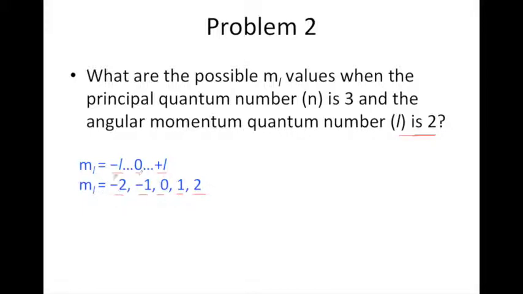So there are 5 different d orbitals in the L of 2, and they are located in different spatial orientations. So they are positioned differently along the x, y, and z axes. So again, be very familiar with these quantum numbers, and appreciate what they tell us about an electron's position in an atom, and physically what they indicate.